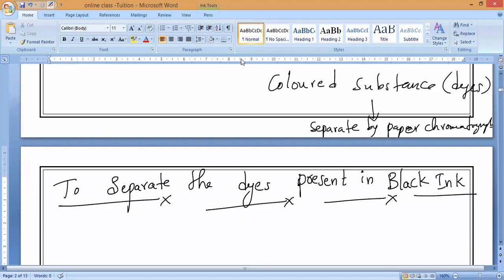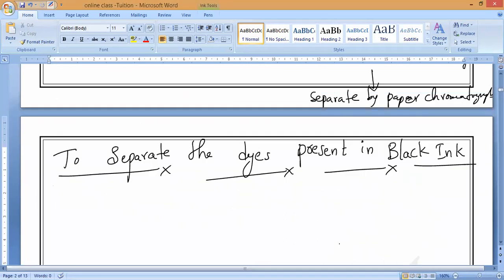Understand? So now let us see how to separate the dyes present in the blacking.